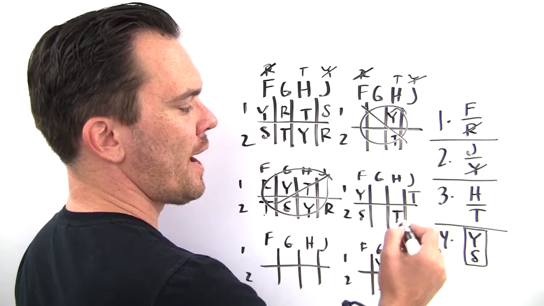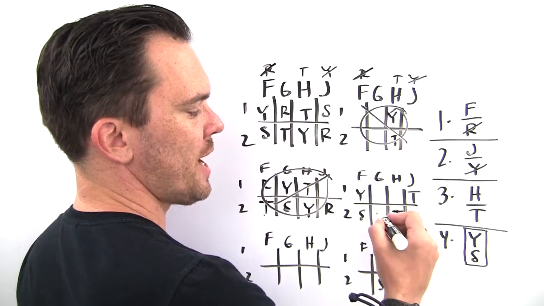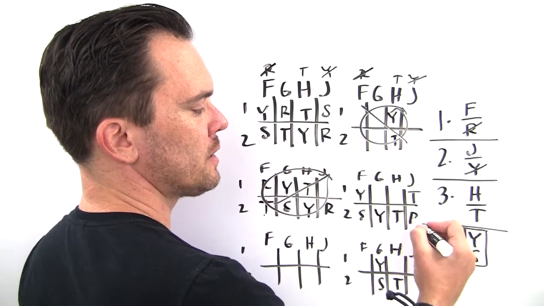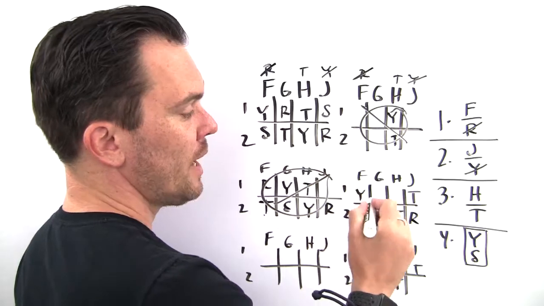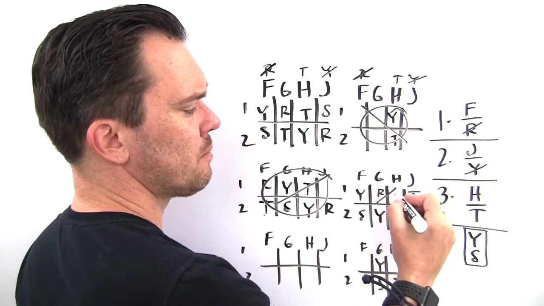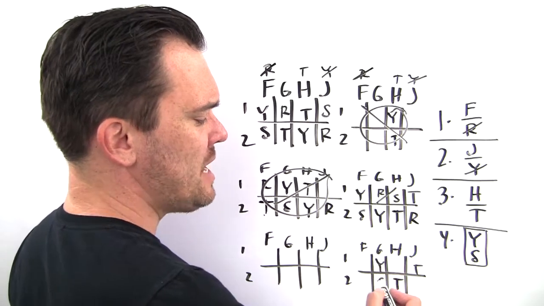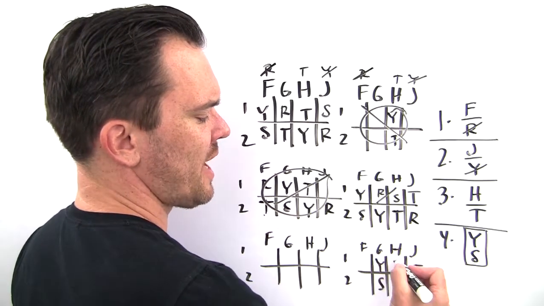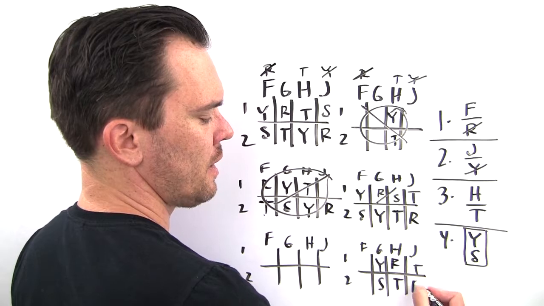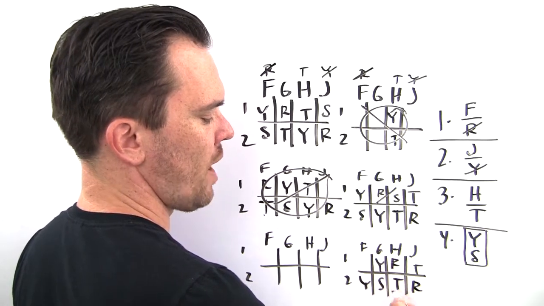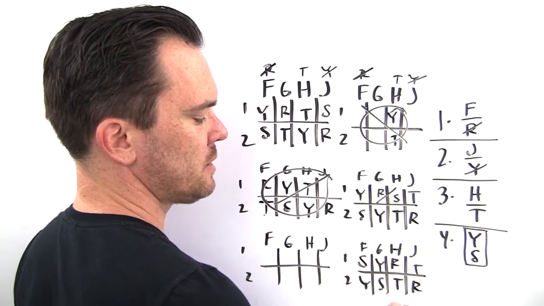Here, I've got to have Y on the second day, and it's not with J. It's Y, and that's R. And then I've got R and S in some order. Don't know which one goes where. If it's here, I've got to have R, and R is not with F. So R is here, and this will be Y, and this then will be S.